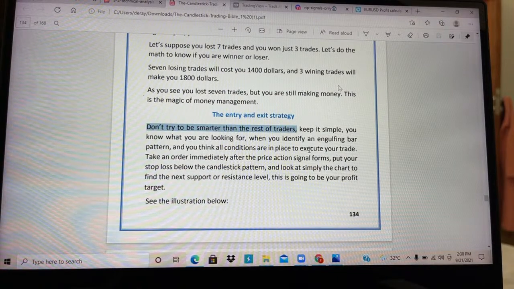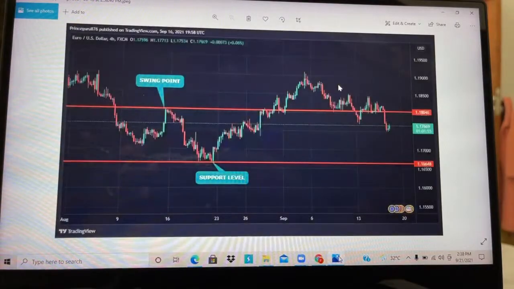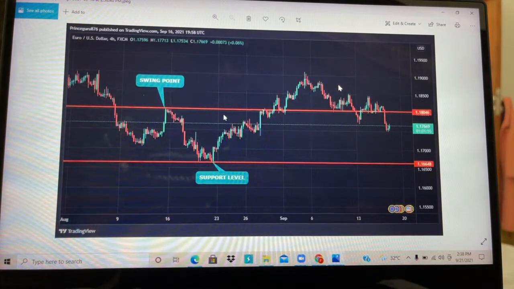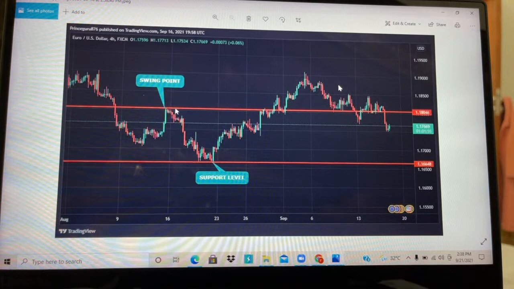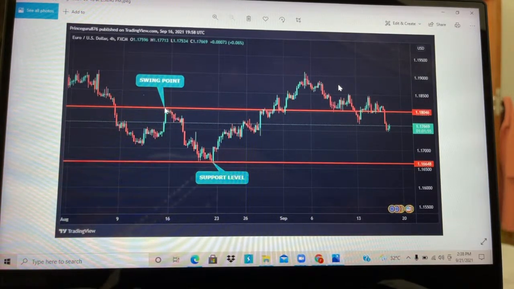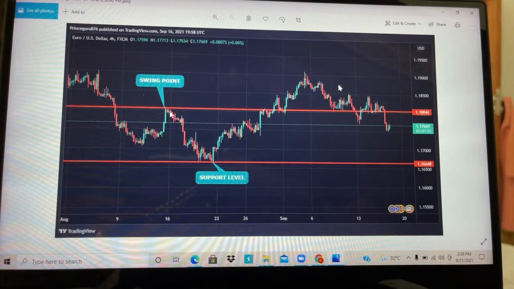Let's take, for example, this chart. So you did your resistance, which is the swing point. You did your support. We know as a trader, every time you come to the resistance, you should be selling, right? So you see these candles.